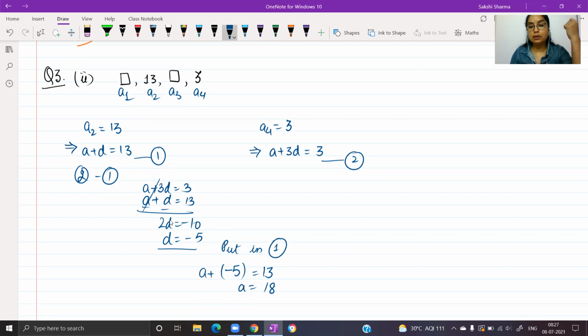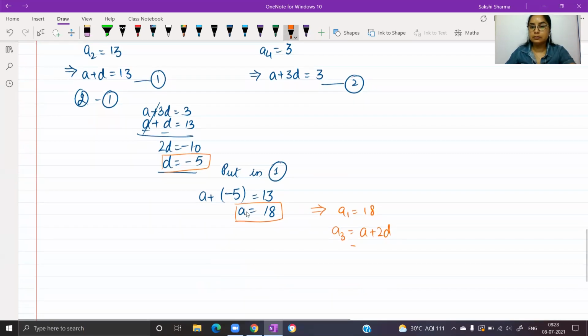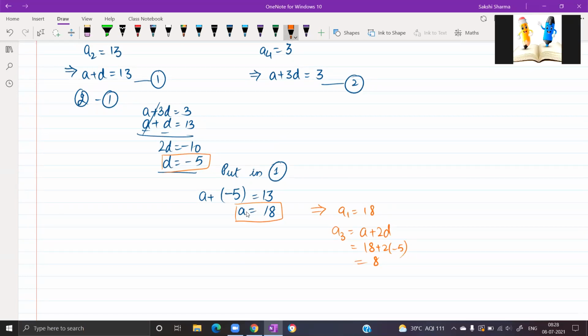And once you have the value of A and D, use the formula for the nth term and find out the missing terms. A equals 18. This simply means A1 is 18, the first term of the arithmetic progression. And for the third term, apply the formula A plus twice D. A3 is equal to 8. Right.